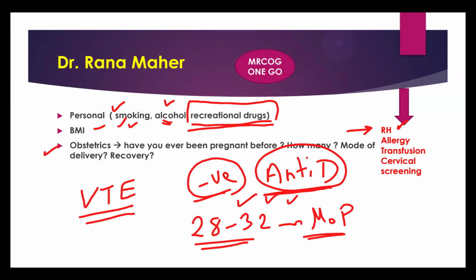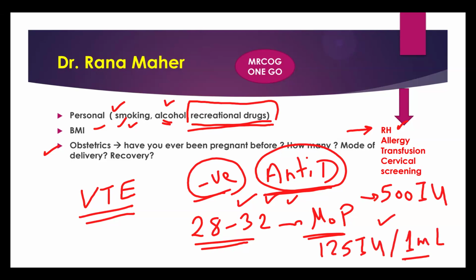In the intrauterine fetal death, if the mother is Rh negative, and it's written clearly in the guideline of the late intrauterine fetal death, we have to counsel the patient about anti-D, and we need to give her immediately after delivery 500 international units, and then offer her the test to measure the fetal-maternal hemorrhage, and give an extra 125 international units per 1 ml of the fetal blood.